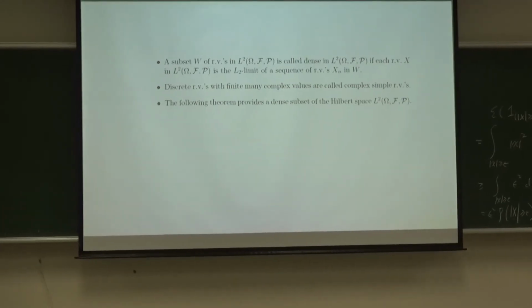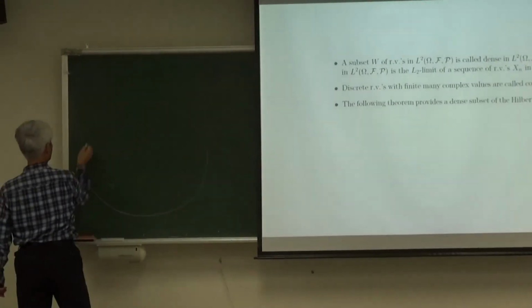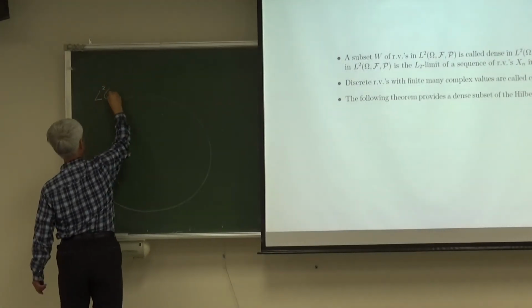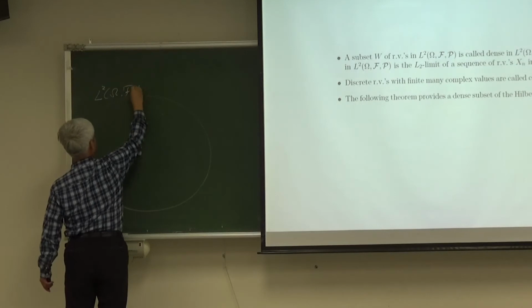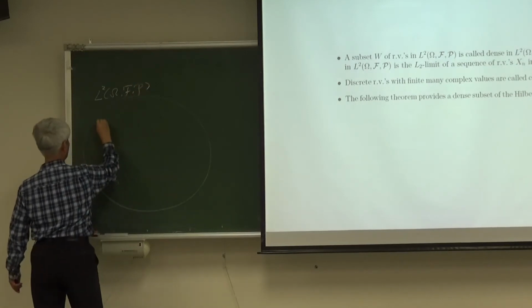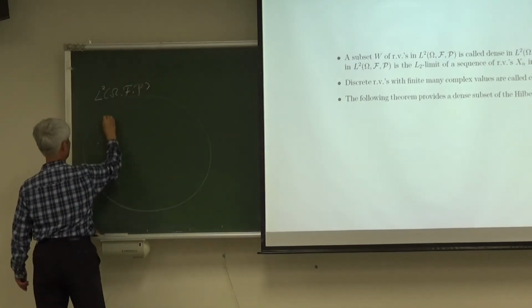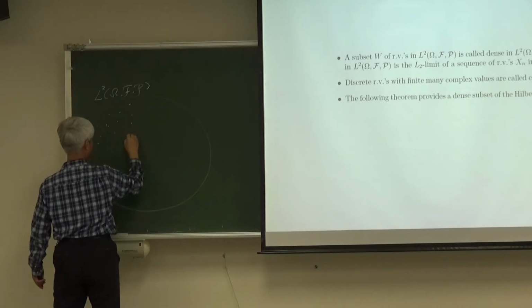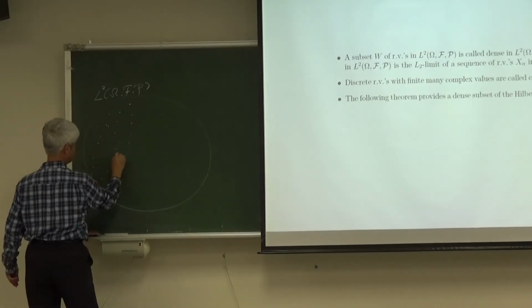So the picture is like here. This is the L2 space. And we look for a dense set. The density is a set of random variables.